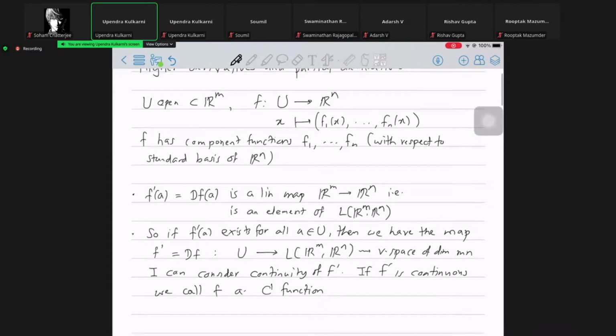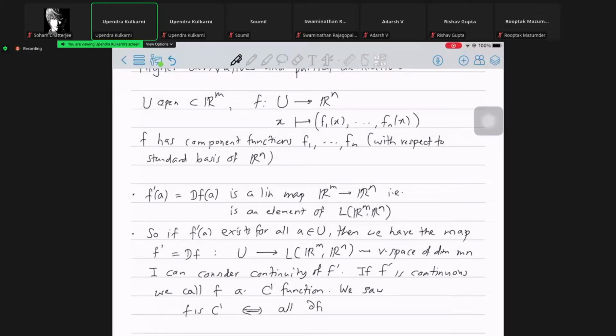And what did we see? We saw that f is C1 if and only if all of its partial derivatives are continuous. All the partial derivatives exist and they have to be continuous.